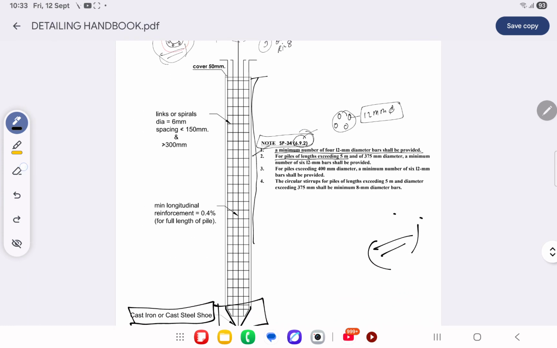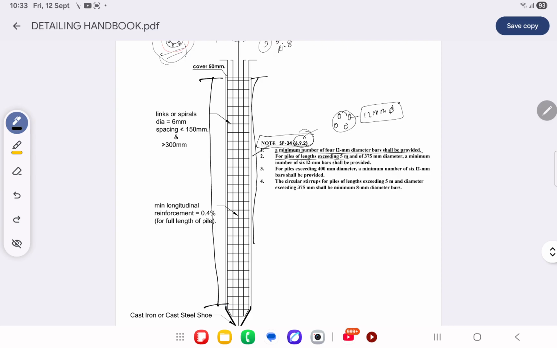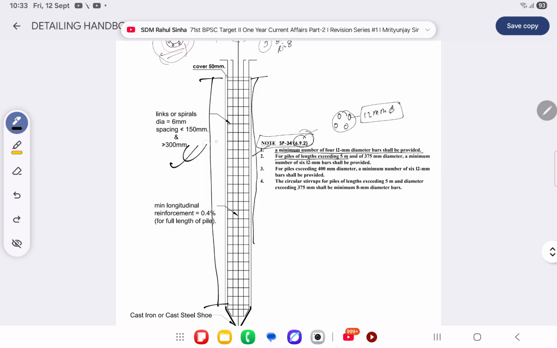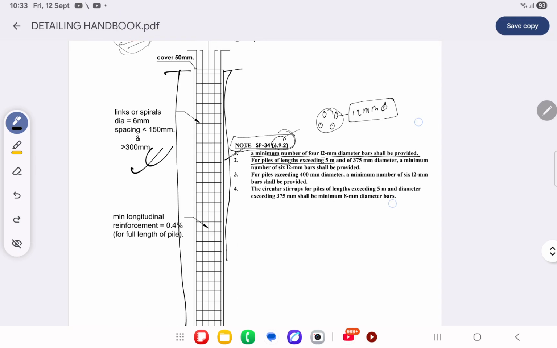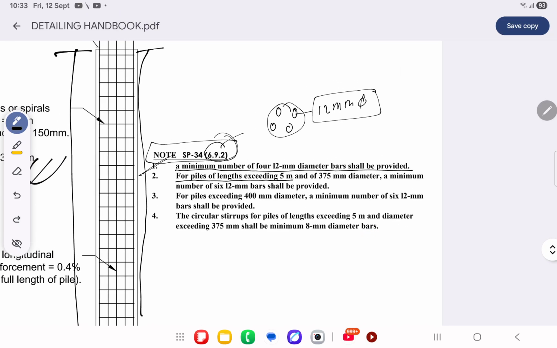See here, this is the whole length of the pile. So for pile of length exceeding 5 meter, suppose this length is more than 5 meter, and the diameter of the pile is more than how much? That is 375 mm diameter. So a minimum number of 6 12 mm bars shall be provided.